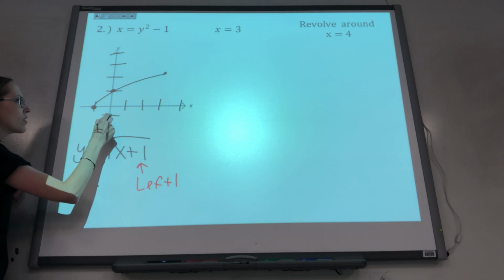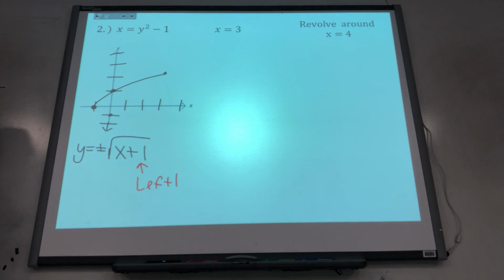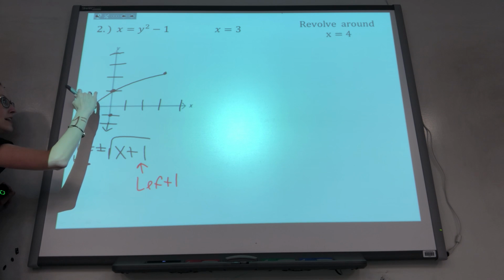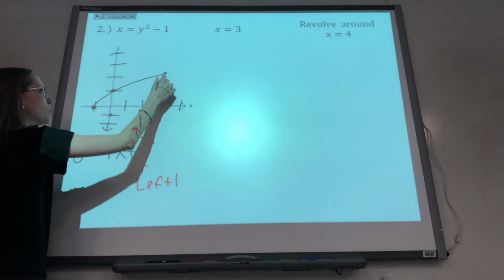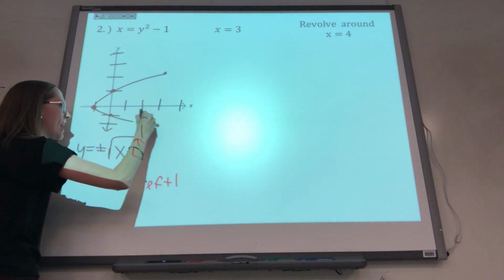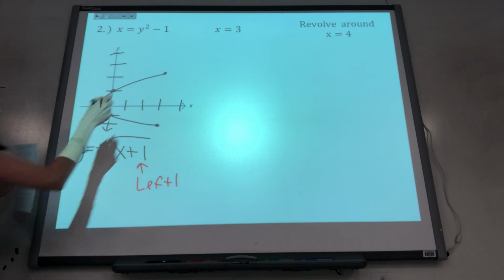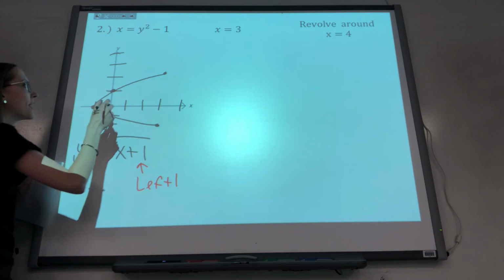I'm going to also come down here a little ways to graph the other one. Negative square root of x plus 1 is pretty much that first graph, but flipped upside down. So you've got one part on the top there, one part on the bottom.